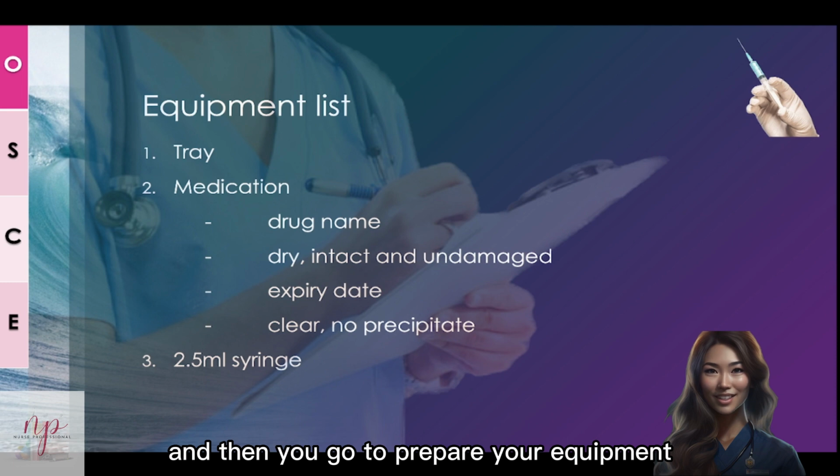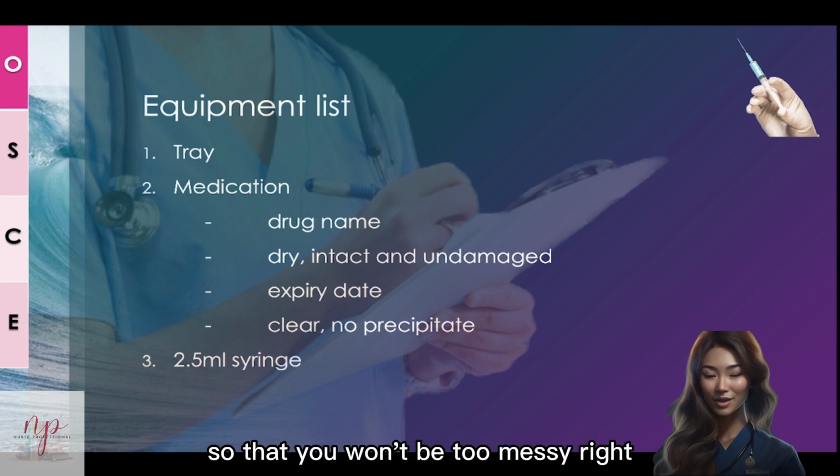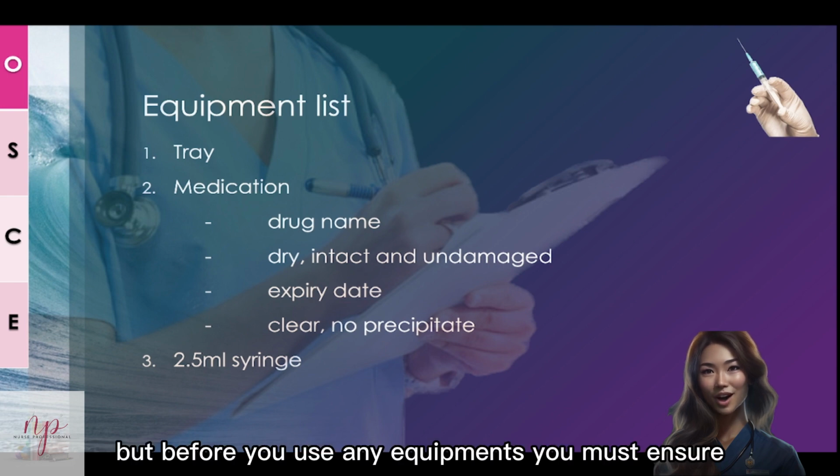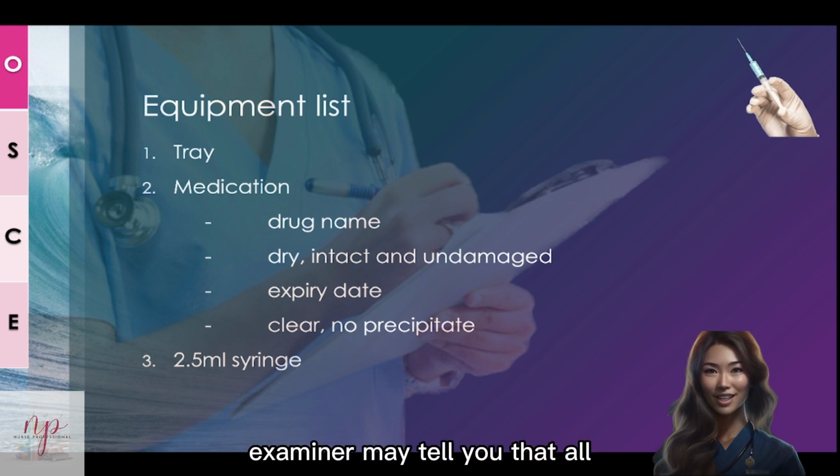And then you go to prepare your equipment. You should use a tray to hold everything so that you won't be too messy, right? But before you use any equipment, you must ensure it is clean. The examiner may tell you that all equipment has been cleaned before you start your station.